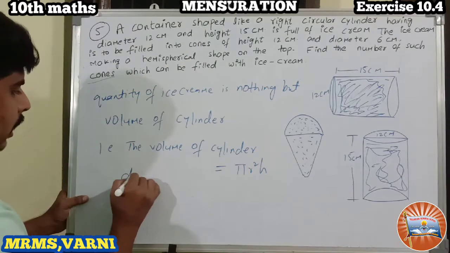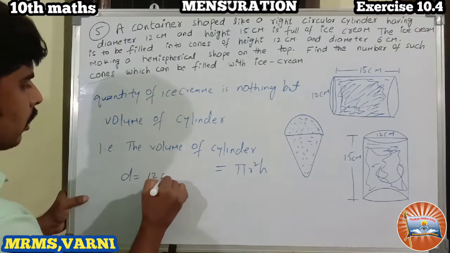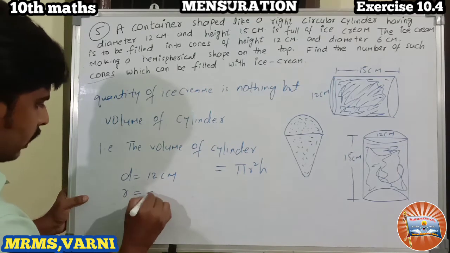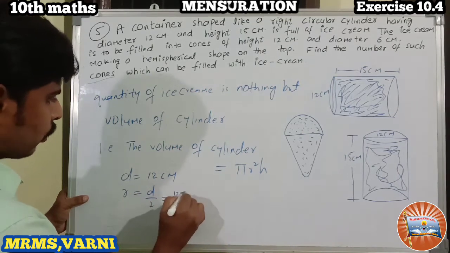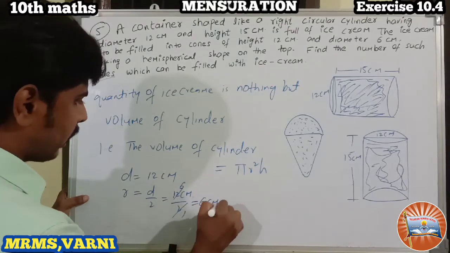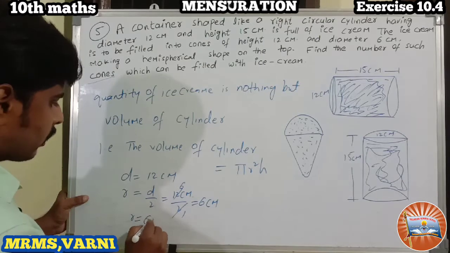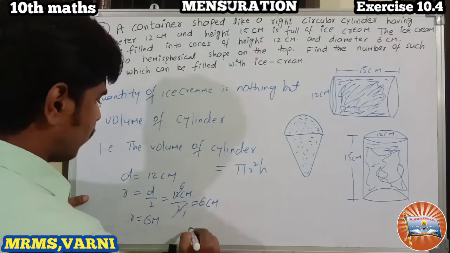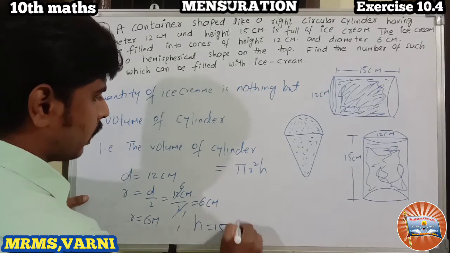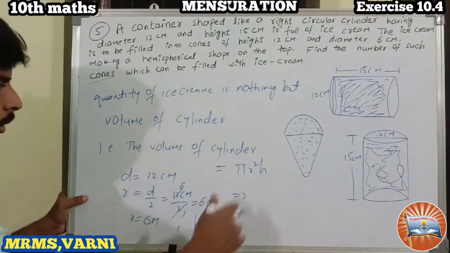Given d is the diameter, 12 centimeter, so r is d by 2, 12 centimeter by 2, which is 6 centimeter, the radius. And h is given as 15 centimeters.